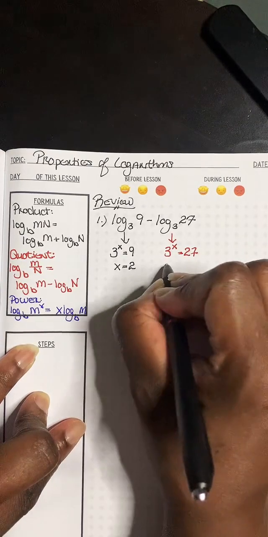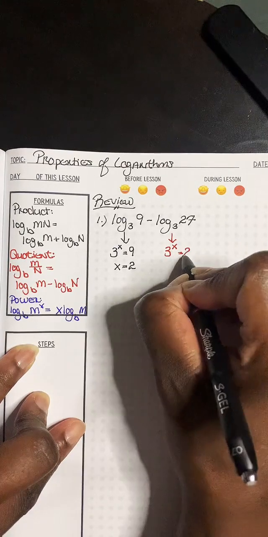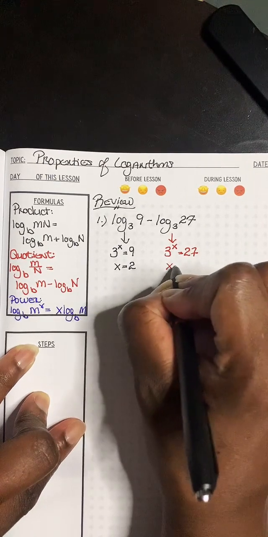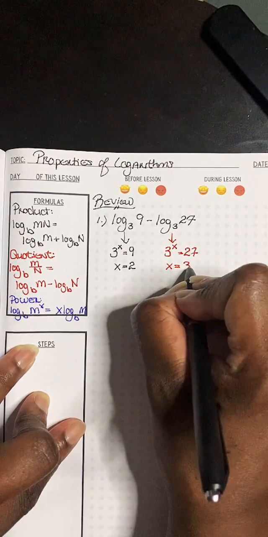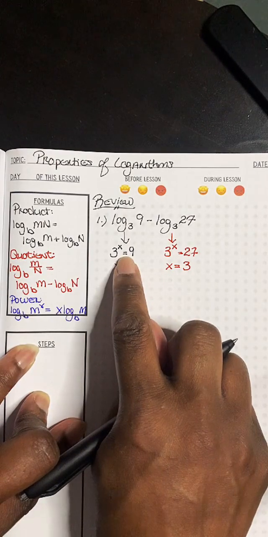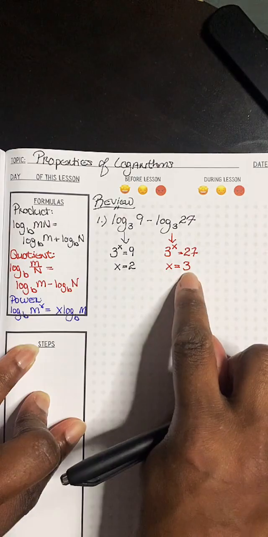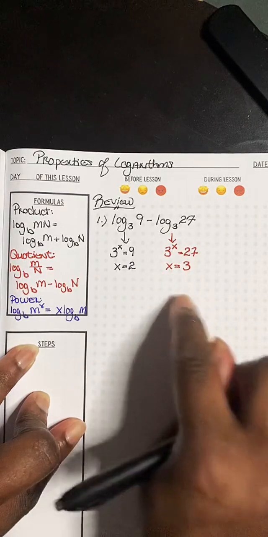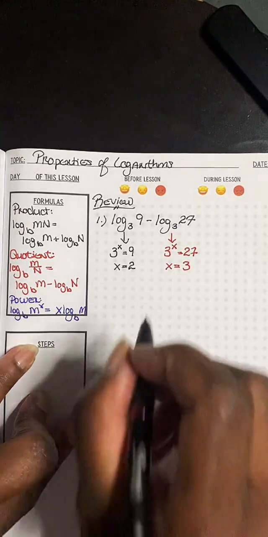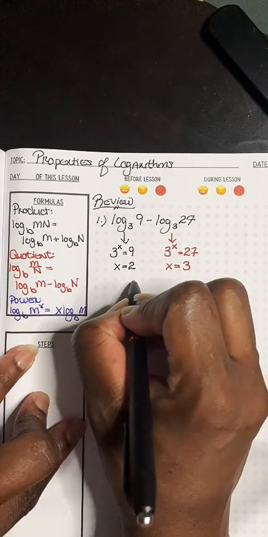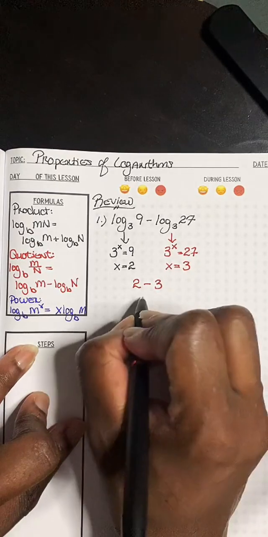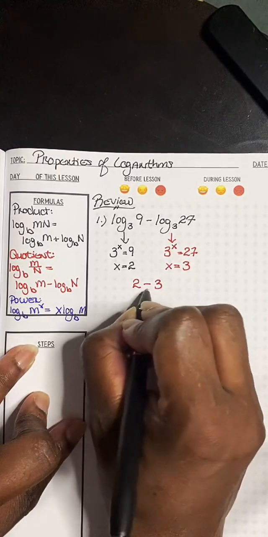Hopefully we're getting 3 to the third power, because 3 times 3 gives me 9, which we got over here, and then 9 times 3 gives me 27. So 3 sets of 3's multiplied together will give me the 27. Since this one is 2 and this one is 3, the answer is going to be -1.